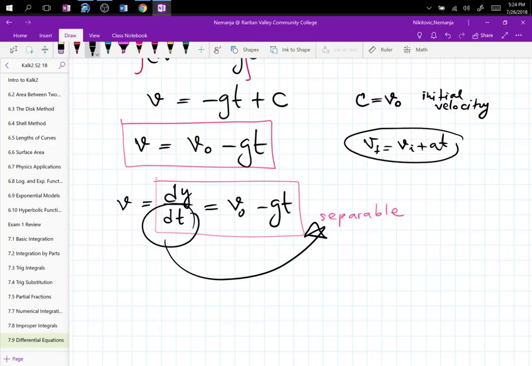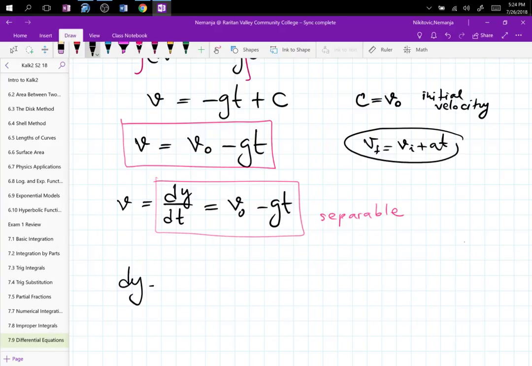Because on the left-hand side, you only have y, and on the right-hand side, you only have t's. So now, dy is equal to v0 minus gt and everything dt. That's the one that went from left to right. Now we unleash the integral.